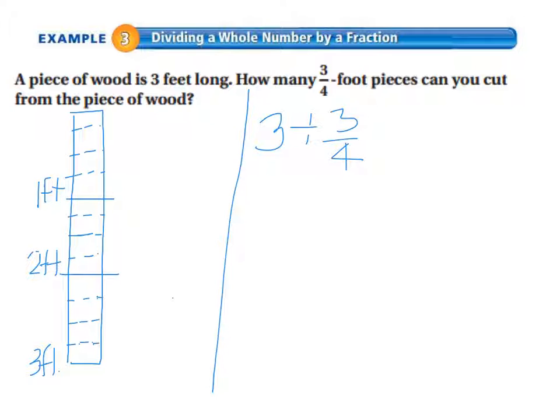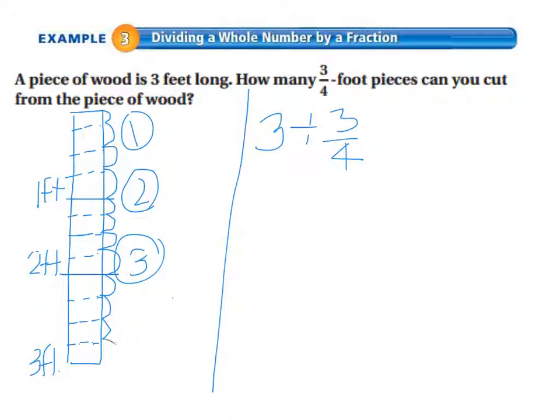So I've drawn this piece of wood that is 3 feet long, and I've marked it off into each 1/4 of a foot. Those are the dashed lines. And now I'm asking myself, how many 3/4 foot pieces can I cut from this piece of wood? So I'm going to count 3/4. 1, 2, 3/4, that's 1 piece. 1, 2, 3/4, that's 2 pieces. 1, 2, 3/4, that's 3 pieces.